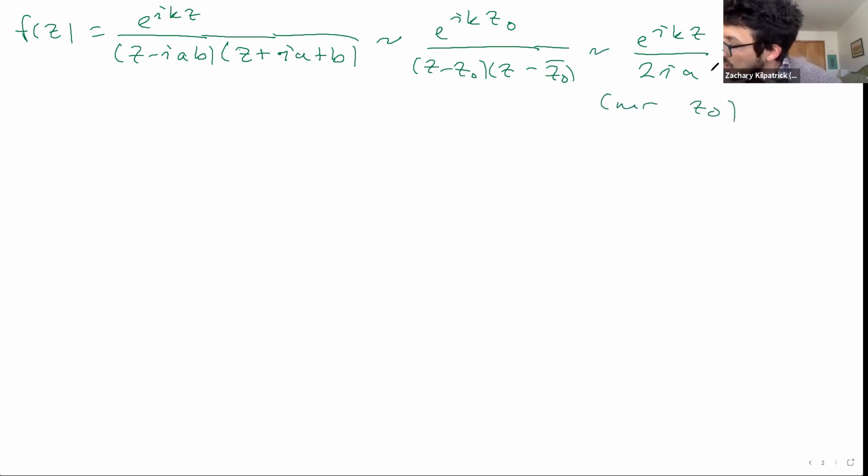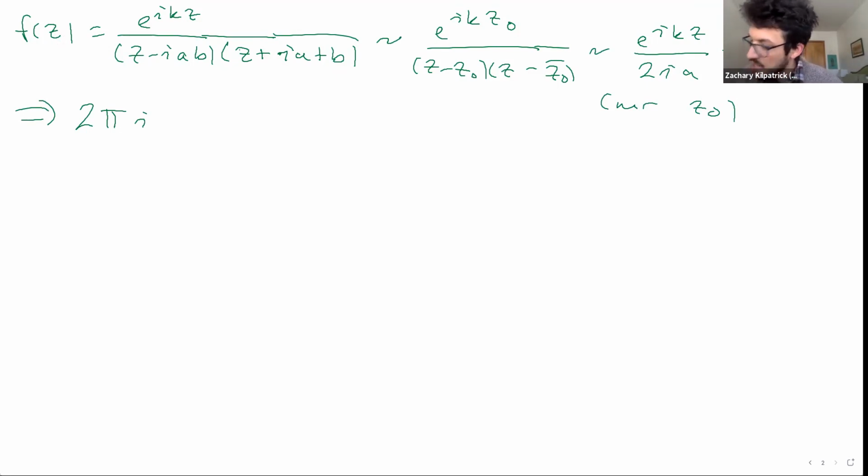The contribution around the pole is whatever the non 1 over z minus z0 part is when we're right around that pole, approximately to leading order. That's going to give us our residue according to the residue theorem, which just says take the product of z minus z0 and f of z and take the limit as z goes to z0.